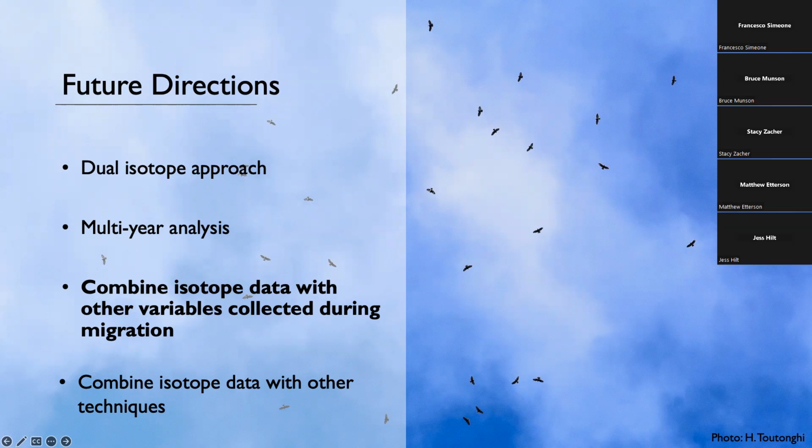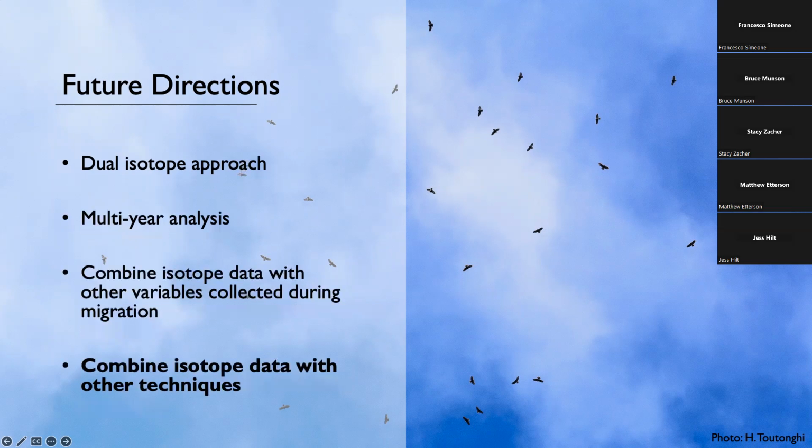Can we put data from contaminants on birds into a geographical perspective using isotope data? And then finally, I think combining isotope data with other techniques is really the most fruitful way to use isotopes.